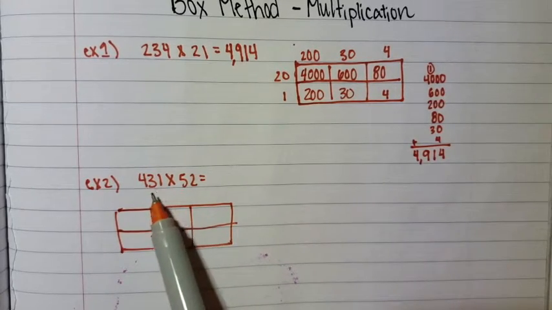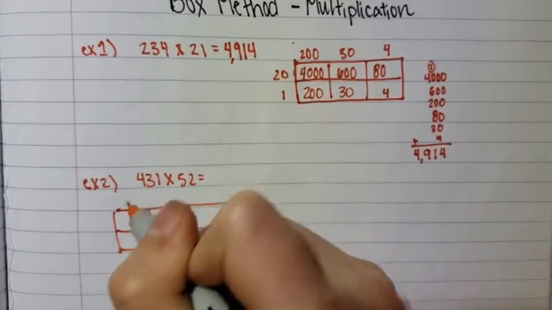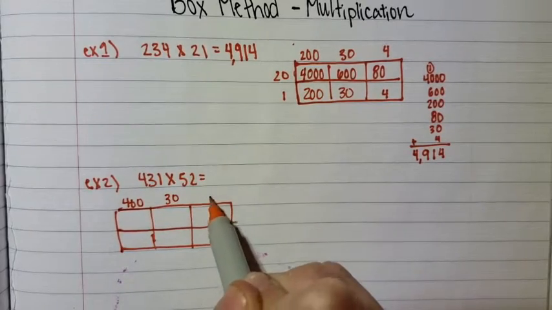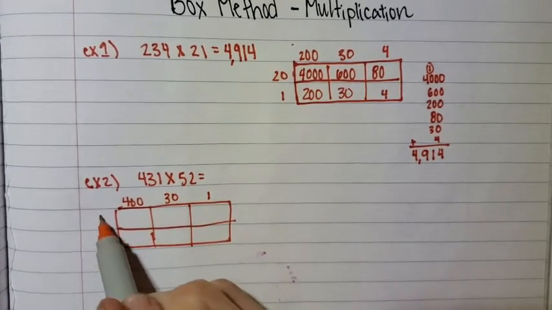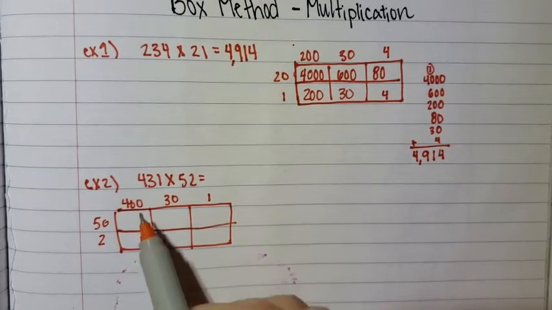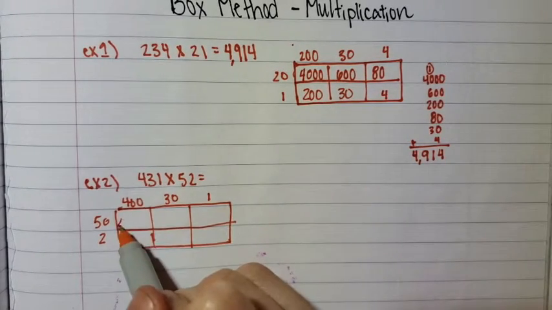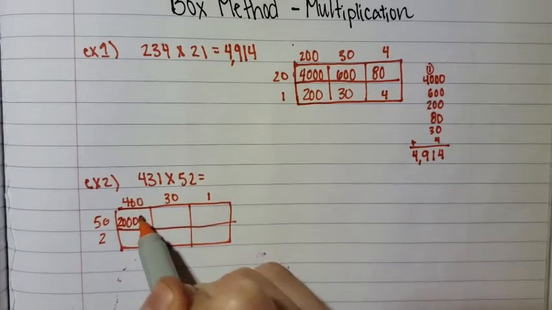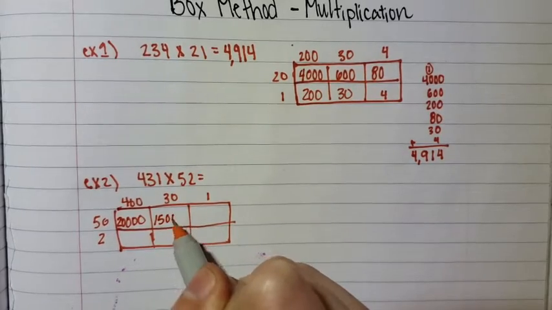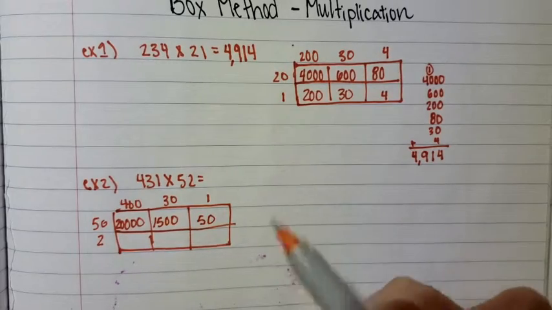So we're going to split this number up by hundreds, tens, and ones, so 400, 30, and 1, and you're going to split up 52 into 50 and 2. Now we're just going to multiply down and across. So 400 times 50 is 20,000. 30 times 50 is 1,500. 1 times 50 is 50.